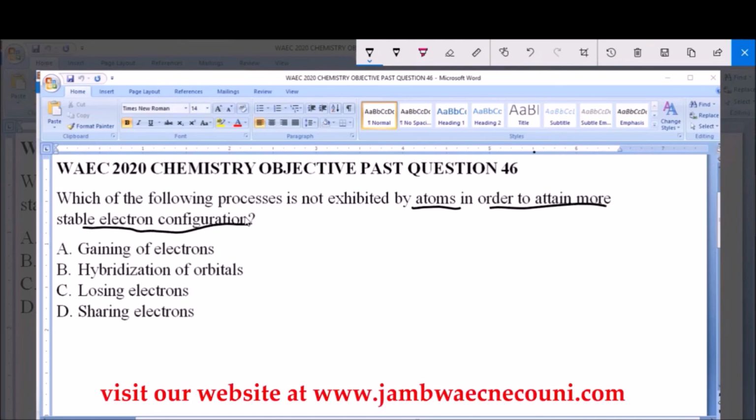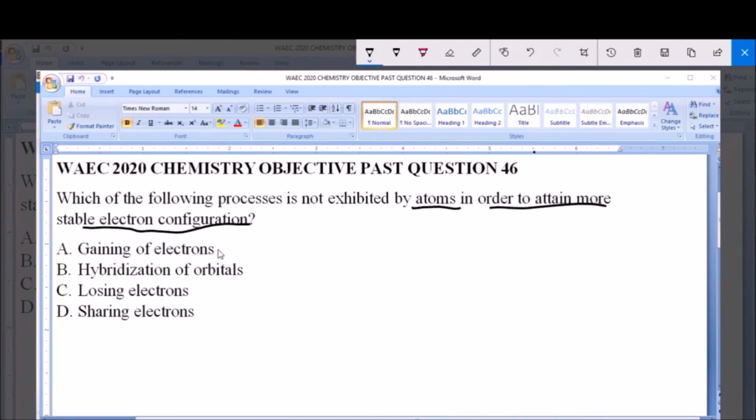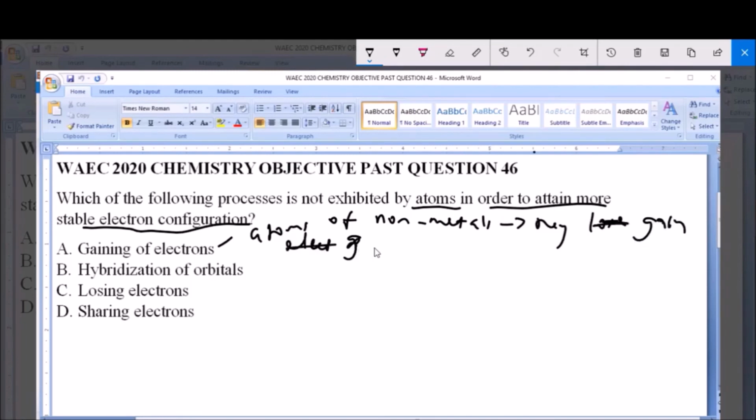So let's take a look at what each of the options entails. Now, option A, which is gaining of electrons, is seen in atoms of non-metals. They gain electrons to attain a stable duplet or octet state.